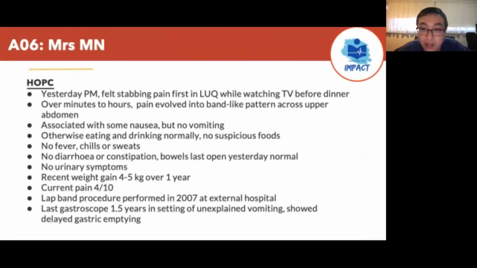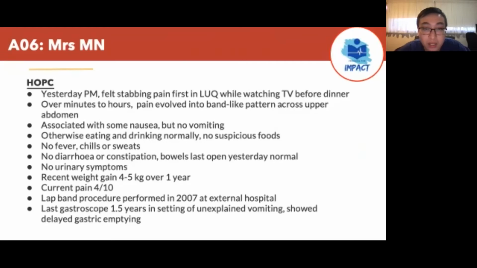As I said, this is an outdated procedure, so often the operation happened 10, 15 years ago. She last had a gastroscope 1.5 years ago in the setting of unexplained vomiting, which showed delayed gastric emptying. She was told by the gastroenterologist treating her at the time that there were no interventions that they could offer for delayed gastric emptying.